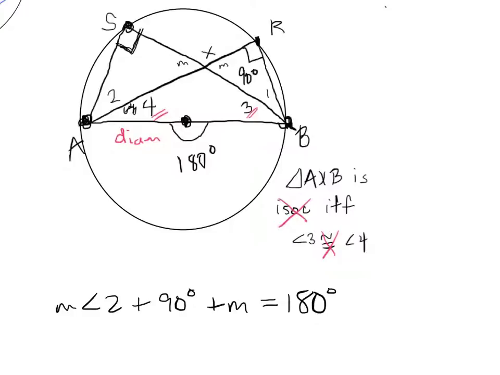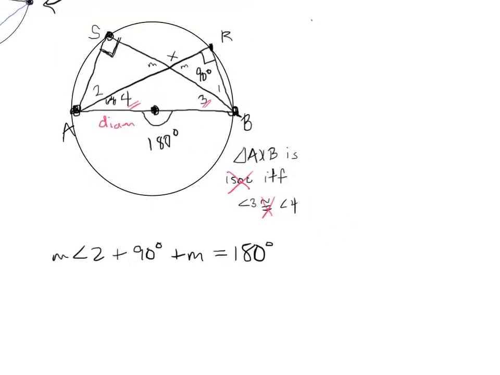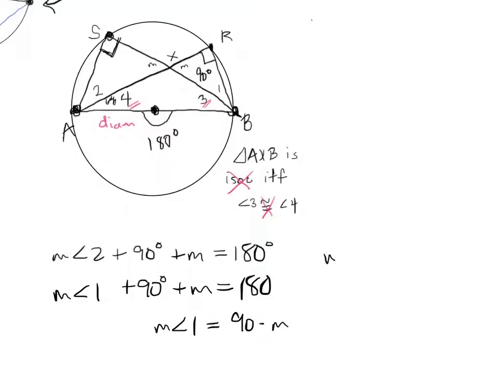And the same is true for the measure of angle 1: angle 1 plus 90 degrees plus M equals 180. In fact, they're both equal to 90 minus M. And I'm just pointing out one other little thing: anytime you have a right triangle, the other two angles also add up to 90. That's kind of obvious, but it's good to point it out.